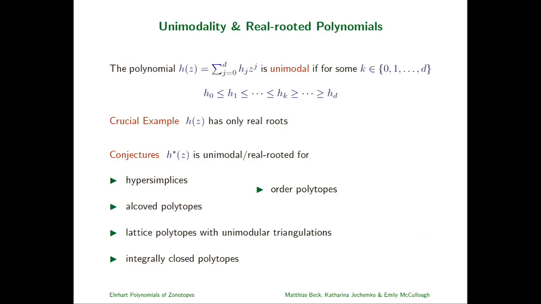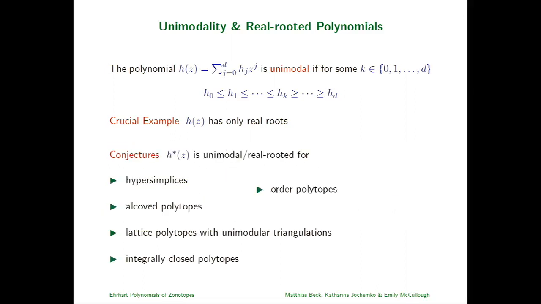H star in general is not unimodal and not real rooted, but people have started to come up with conjectures that this H star polynomial is unimodal for certain subclasses of lattice polytopes. Okay, and so I wrote down 5 subclasses, and this is supposed to be a poset.